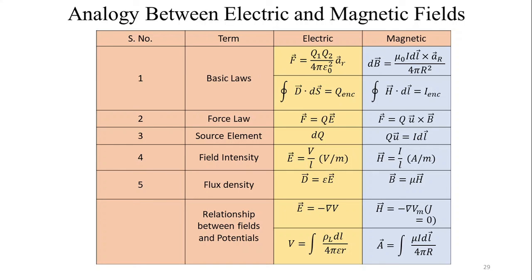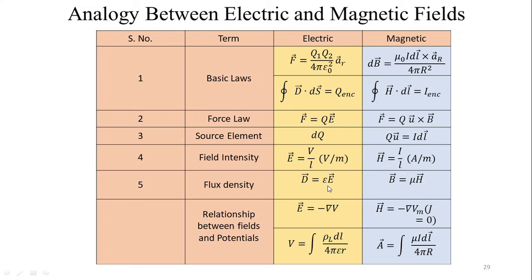Here an analogy between electric and magnetic fields is made. The basic laws in the electric field are Coulomb's law and Gauss's law. In the magnetic field, they are the Biot-Savart law and Ampere's circuit law. Here the force is QE, and here the force is Q u cross B. The source element here is dq, and here it is I dl. The field intensity is V by L here and I by L here.